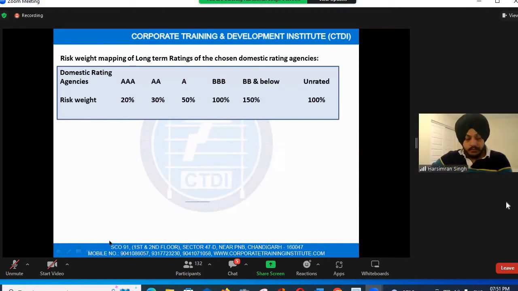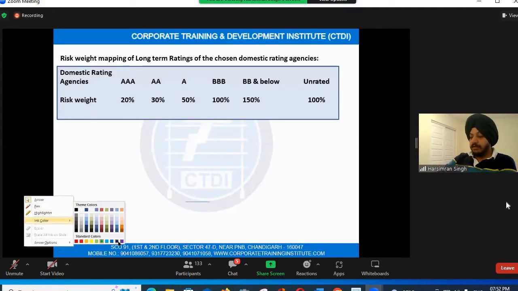Next. Now, please turn off the mic. Risk weight mapping of long-term ratings. Please understand what this mapping is. RBI has mapped some risk weights.